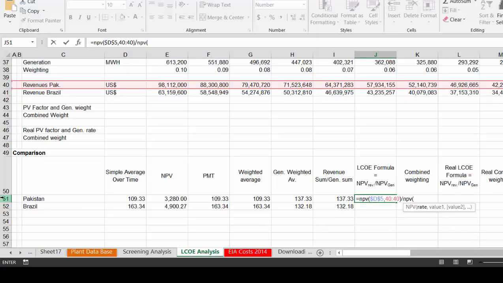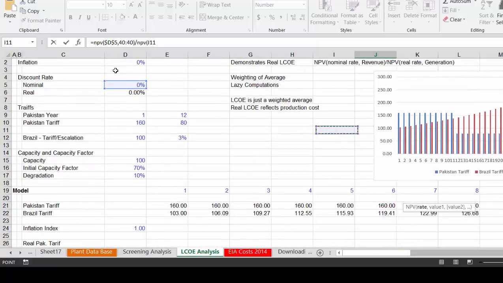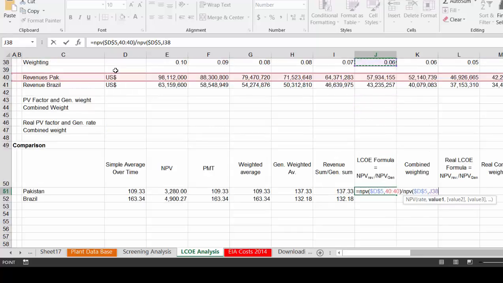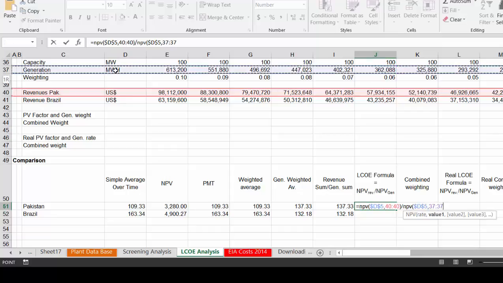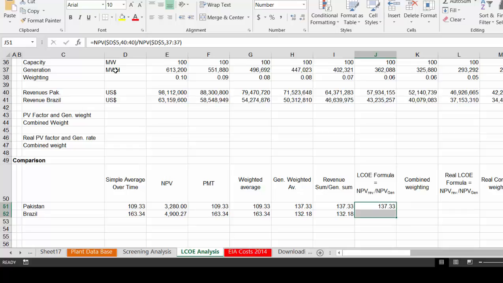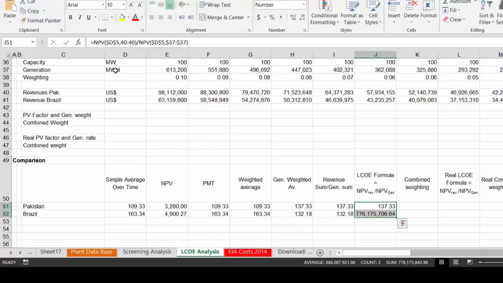I meant the revenues, and we divide that by the NPV of the generation, and that's exactly the same as our little sum calculation, because of the assumption that the discount rate is equal to 0. And when I put the generation in, let's press the F4 button on that. Notice that gives you exactly the same result, and again, I did something wrong. I should have shaded this, F4, and put it in here.